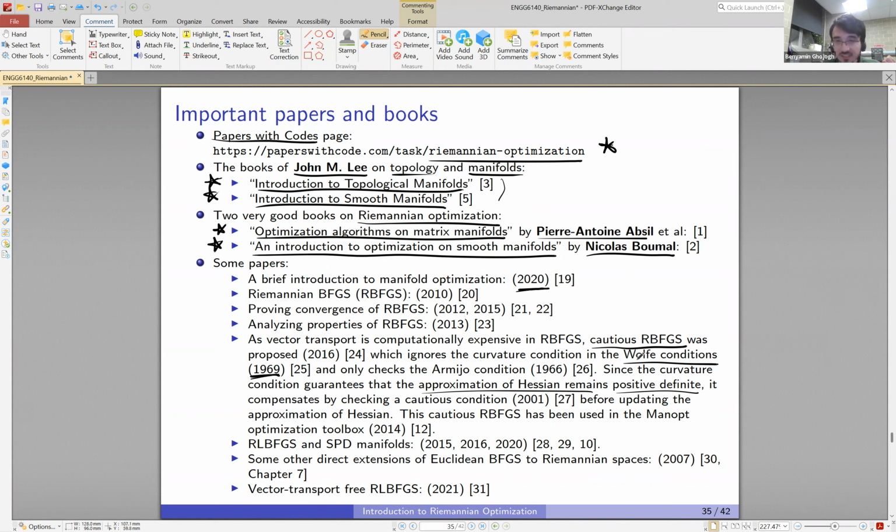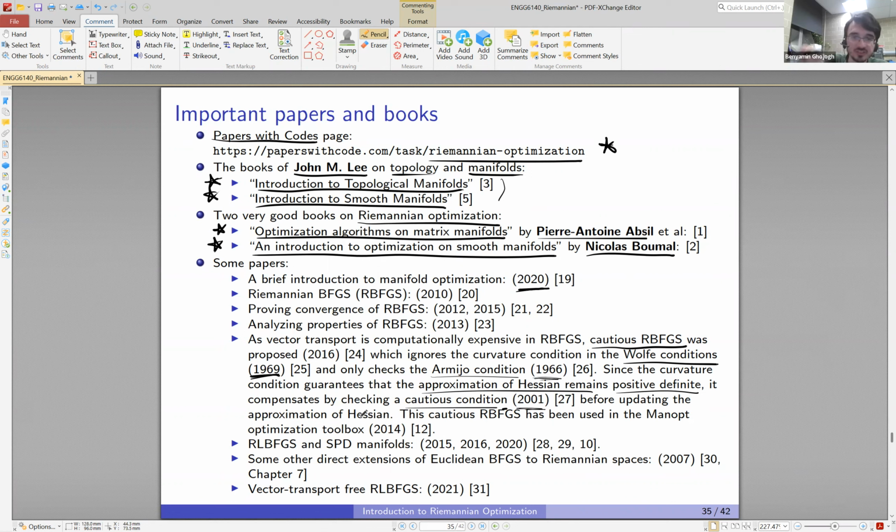So they said, let's get rid of the second condition of the Wolfe conditions, and only consider the Armijo condition proposed in 1966. But how do we make sure that the approximation of Hessian is positive definite? Let's check a cautious condition proposed in 2001 before updating the approximation of Hessian in the quasi-Newton method.